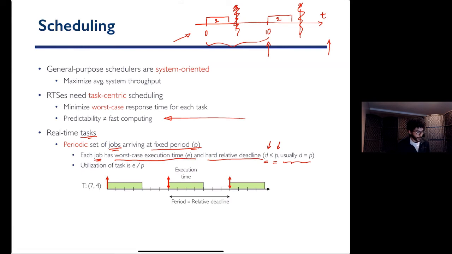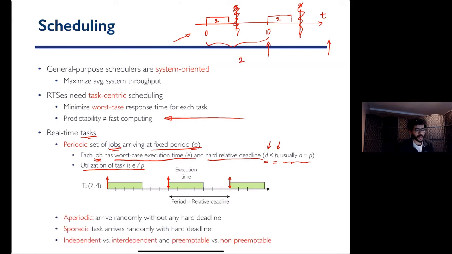The utilization of a task is the ratio of the execution time of the task divided by the period of the task. So if I'm getting one job every 10 seconds, and if my job execution time is 2 seconds, then the utilization of my job is 2 to 10, which is this.